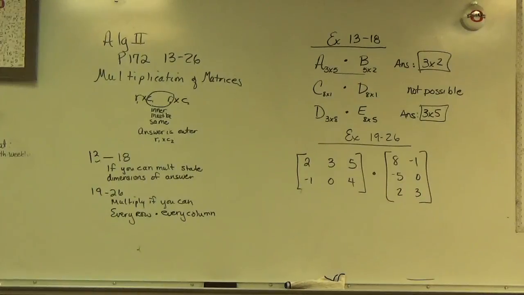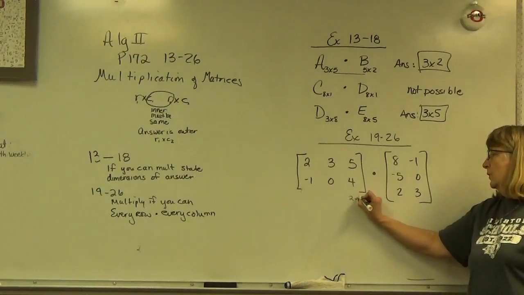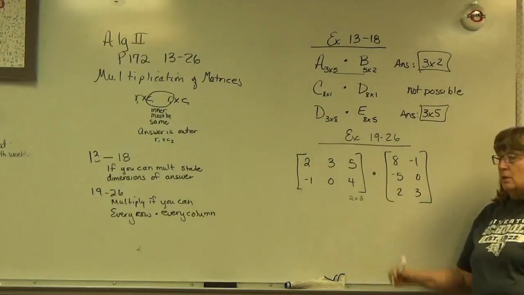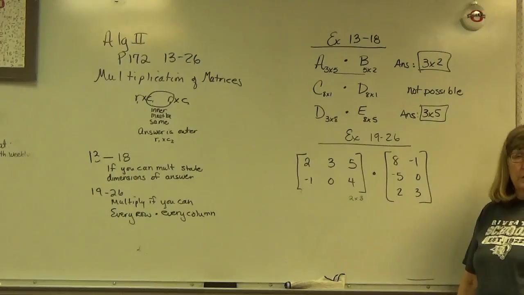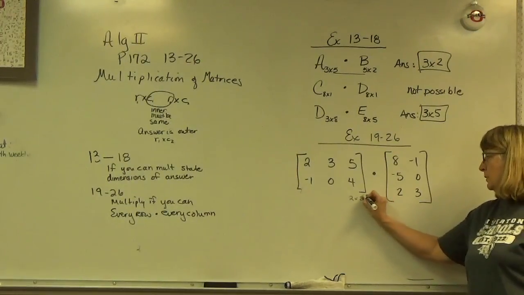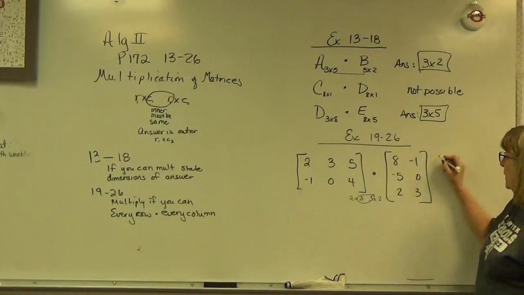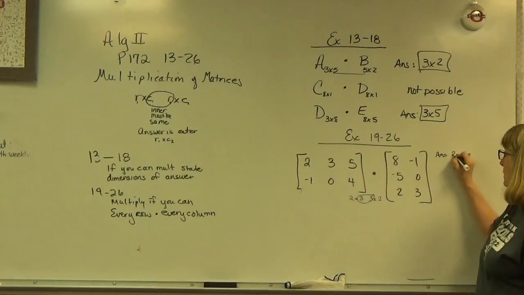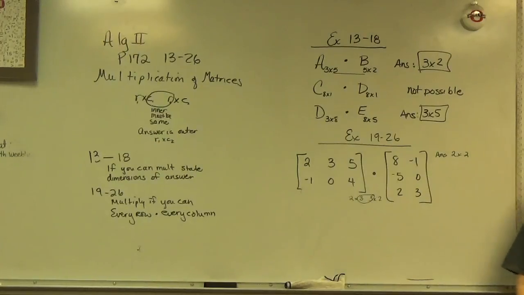The first thing you're going to do is write down the dimensions of each of them, just to test to see if you can do it. Riley, what's the dimensions of the first one? 2 by 3. Chris, what's the dimensions of the second one? 3 by 2. So are we going to be able to do it? Yes, and the answer is going to end up being a 2 by 2. So you already know what it should look like when you get finished, a little check for what you're doing.